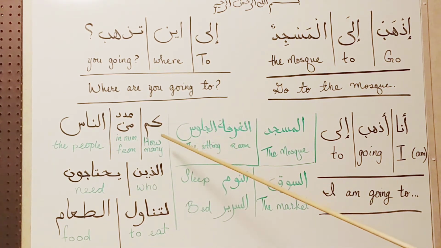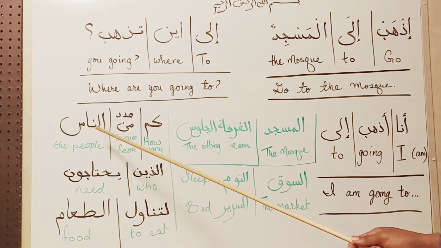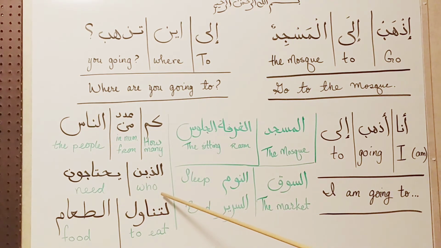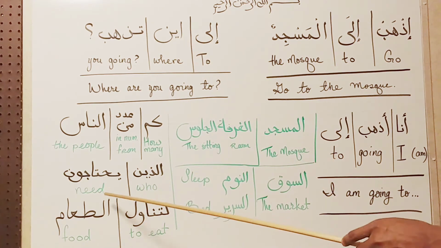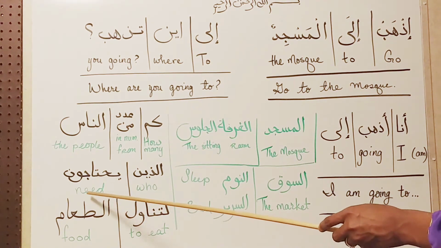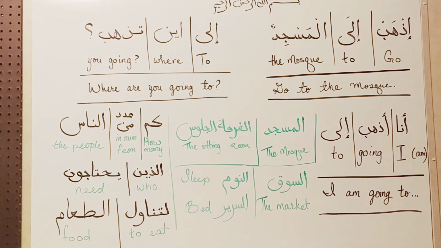You following? كم عدد الناس, or كم من الناس الذين who يحتاجون. يحتاج from the word أحتاج, I need. يحتاج, they need, or who needs. Okay? الذين يحتاجون, who need.